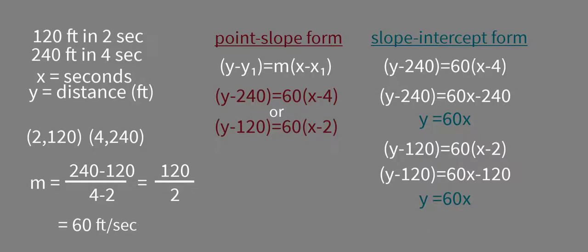Which makes sense because at 0 seconds, the ball will have traveled 0 feet. And we get the same equation using either of the point-slope forms of the equation that we used originally, which verifies that our point-slope equations are most likely correct.